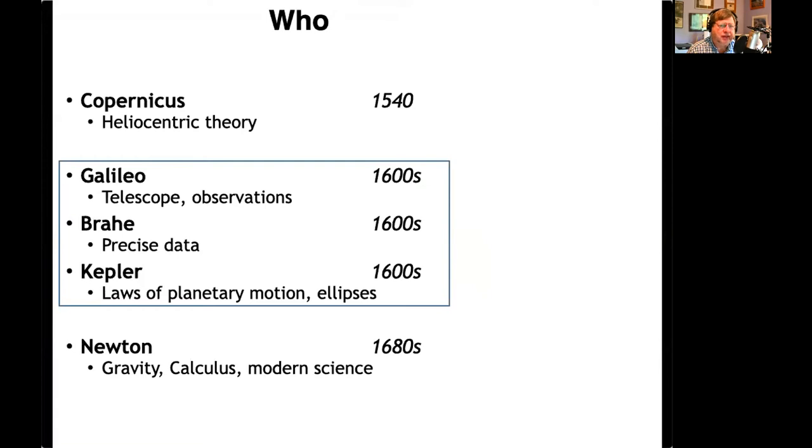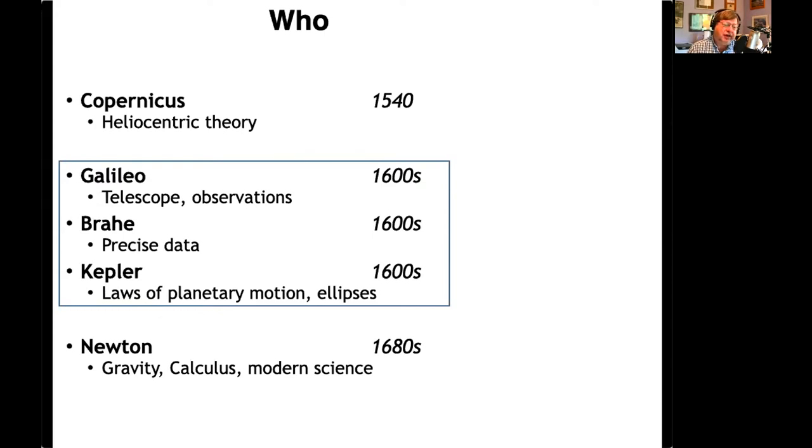Galileo discovered that the universe was a heliocentric universe, not a geocentric universe. What he discovered was that Venus had phases. We went over that in some detail. There's mountains on the moon, and Jupiter had satellites that went around Jupiter. And so he was what we would call an observational astronomer. He observed things using this newfangled telescope.